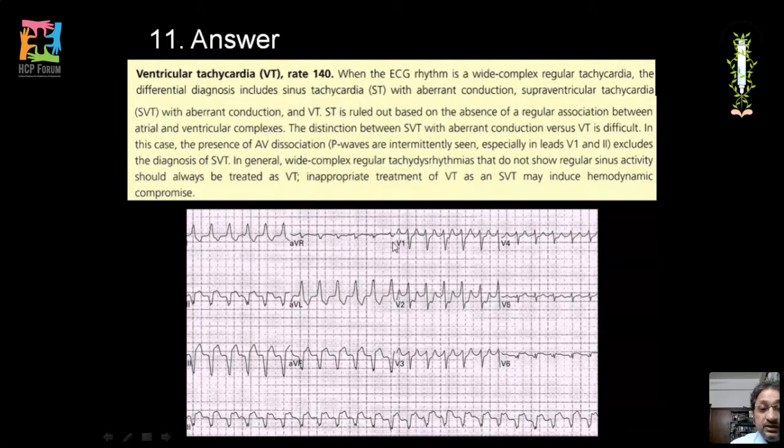I can see the P waves here, and there is no association between the P and the QRS. So there's a clear-cut case of AV dissociation with absence of LBBB or RBBB. So this goes in favor of a ventricular tachycardia.